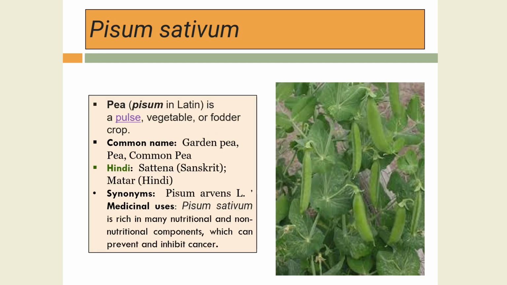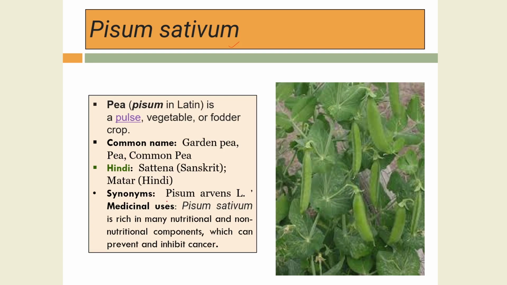The most common plant of this family, which we all know, is the pea plant, that is Pisum sativum. Pea is a pulse, vegetable or fodder crop. The common names are garden pea or common pea, and in Sanskrit it is called satina, and in Hindi we commonly know it as matar.